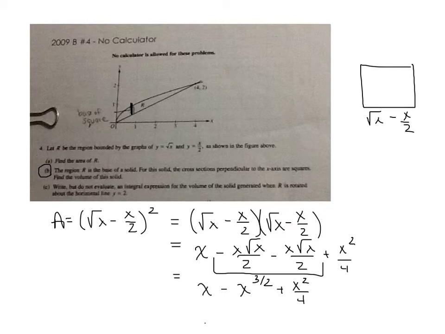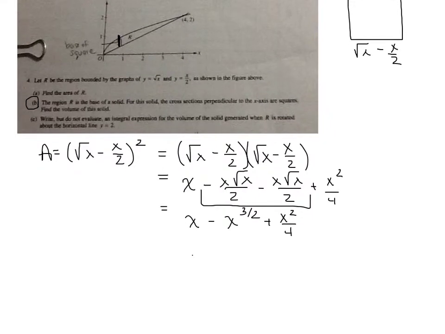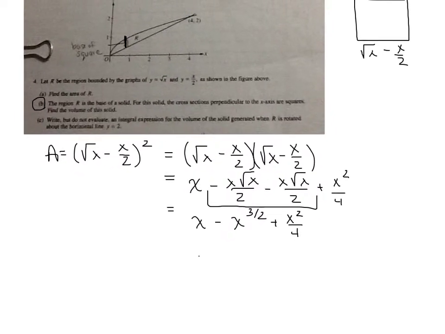And now we're going to find the volume by integrating the area, or thinking of it as a rectangular prism. So the volume is the integral from 0 to 4 of x minus x to the 3/2 plus x squared over 4 dx.